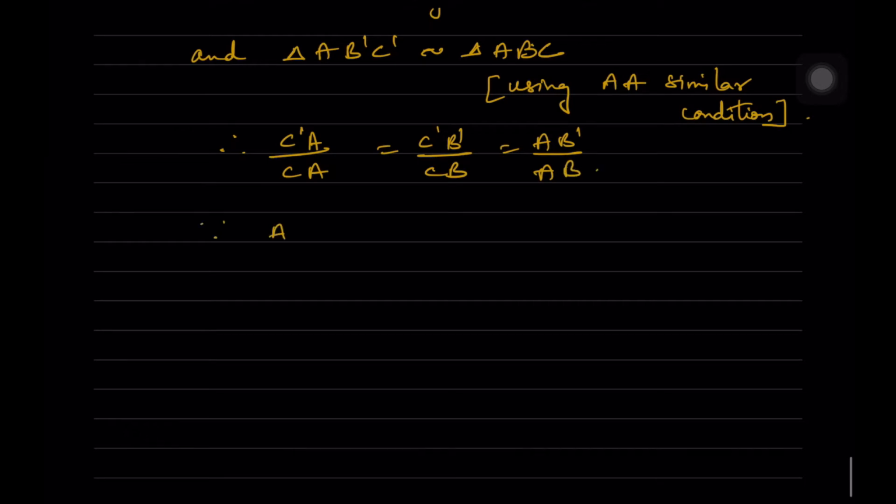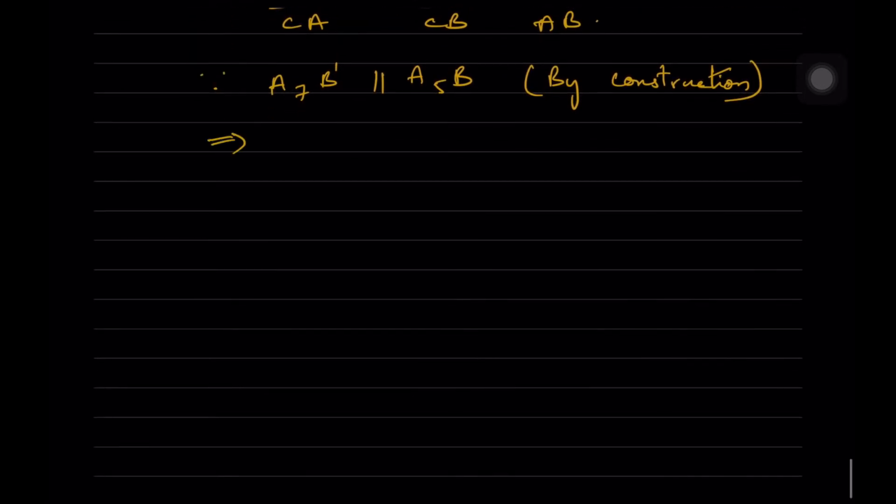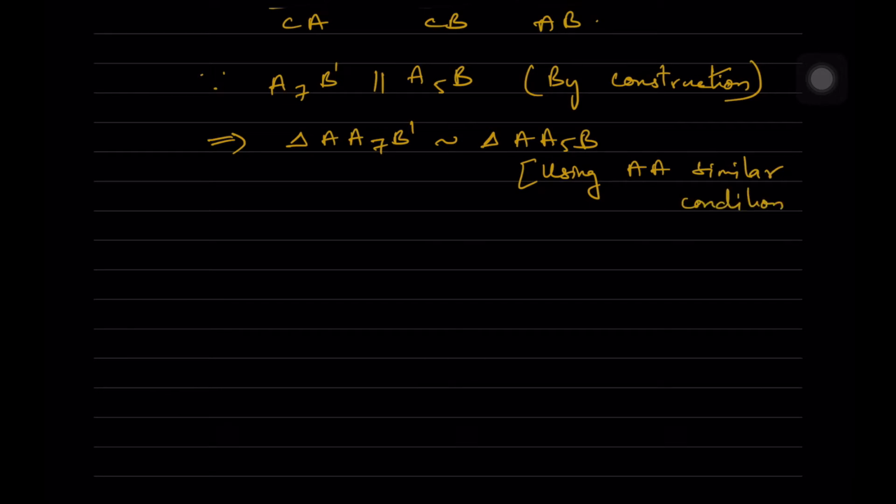Since A7B dash is parallel to A5B by construction, which implies that triangle AA7B dash is similar to triangle AA5B using the AA similar condition, which implies that AB by AB dash is equal to AA5 by AA7.